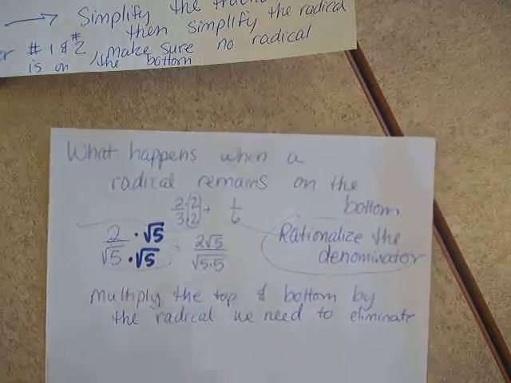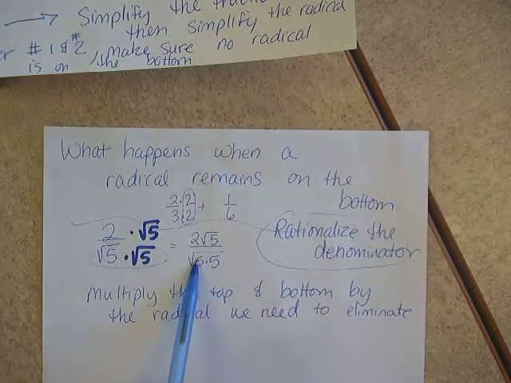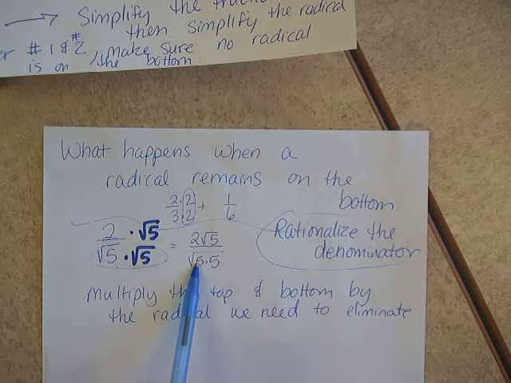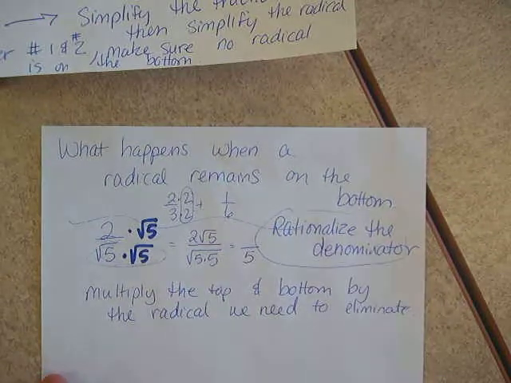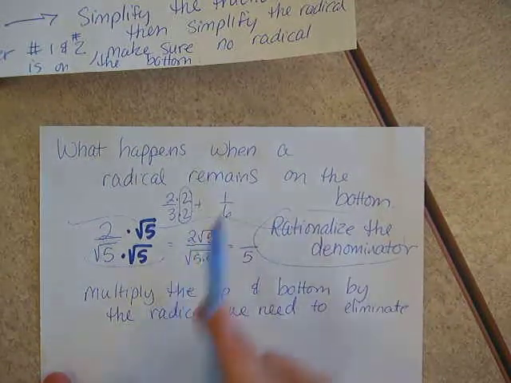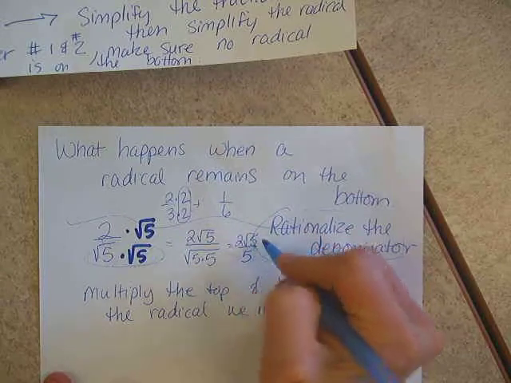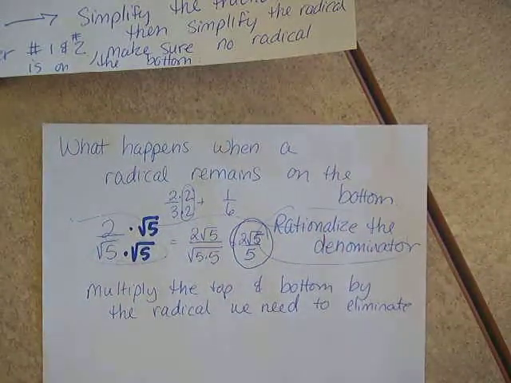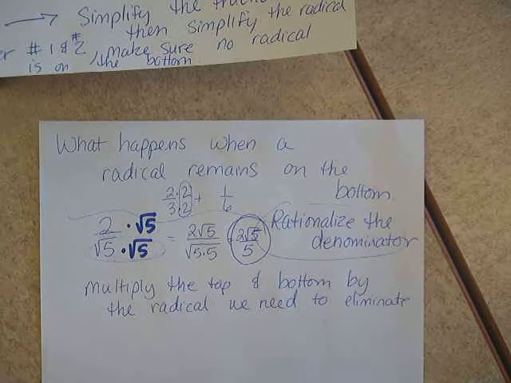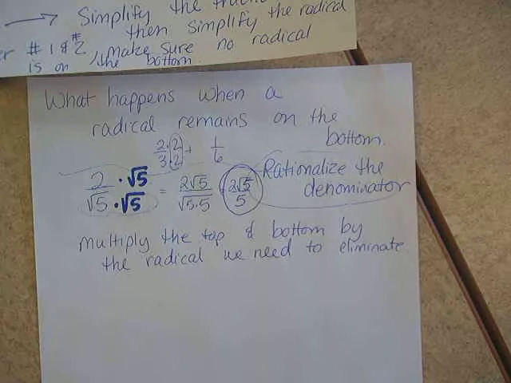On the top, a whole number times the radical stays just that, a whole number times the radical. Now, if there were two radicals, you'd funnel them in together and simplify. But here we just have 2 radical 5. But the important part is that's a pair, right? So that's a perfect square, which means that is just 5. And the 2 radical 5 stays 2 radical 5 on the top.